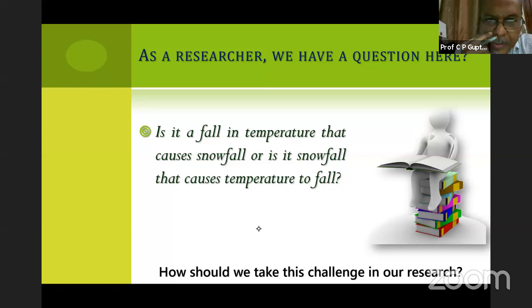The purpose of showing this to you is as follows. As a researcher, we have a question here. Is it a fall in temperature that causes snowfall, or is it snowfall that causes temperature to fall? I do not know how many of you are from hilly areas. Can any one of you answer what is the cause of snowfall?